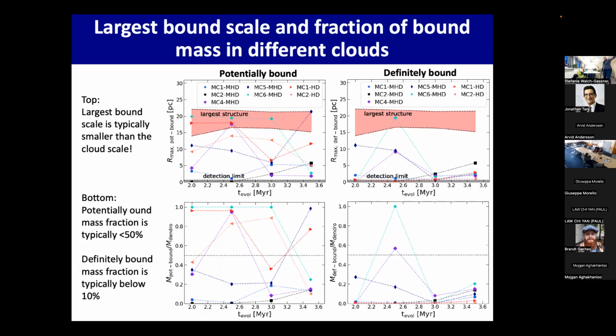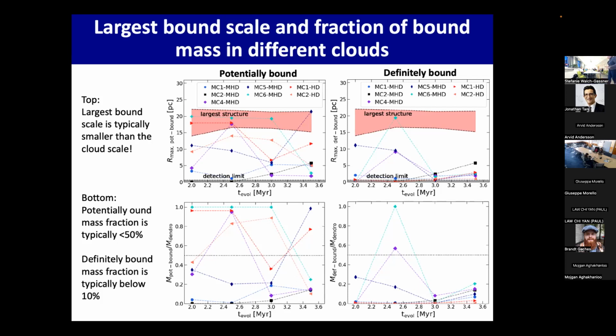And then for the largest scale, you can see that potentially bound, you have a number of clouds. The largest scale we measure in our dendrogram is indicated with this red bar. There are some clouds which have potentially bound structures on large scales, but definitely bound structures, not really. So only small-scale stuff is really definitely bound.